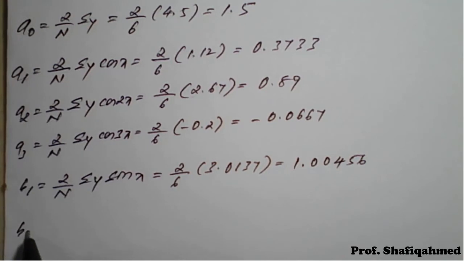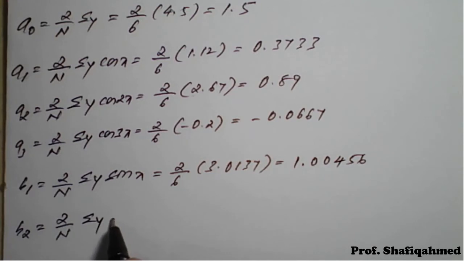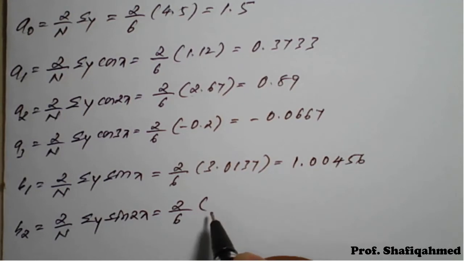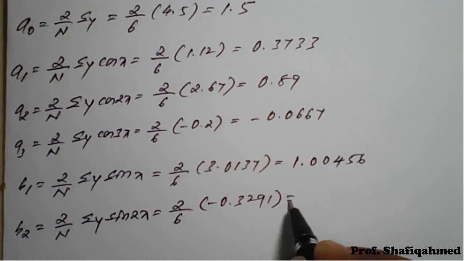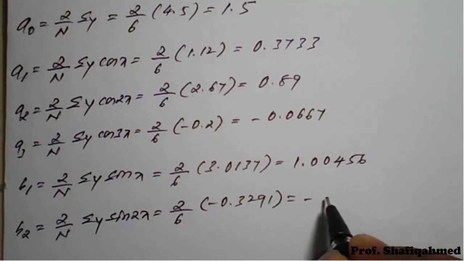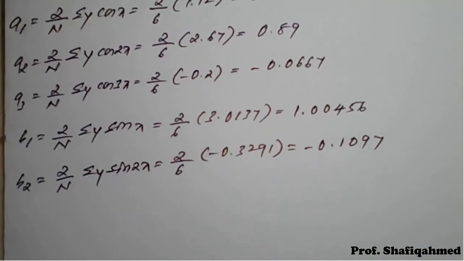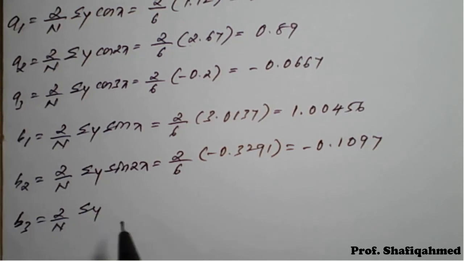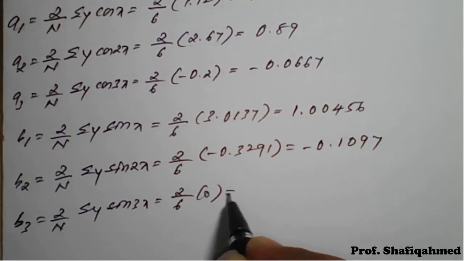Next, b2 is 2 upon n summation y sin 2x, which is 2 upon 6 times minus 0.3291. So the resultant will be minus 0.1097. And b3, that is 2 upon n summation y sin 3x, is 2 upon 6 into 0, resultant will be 0.